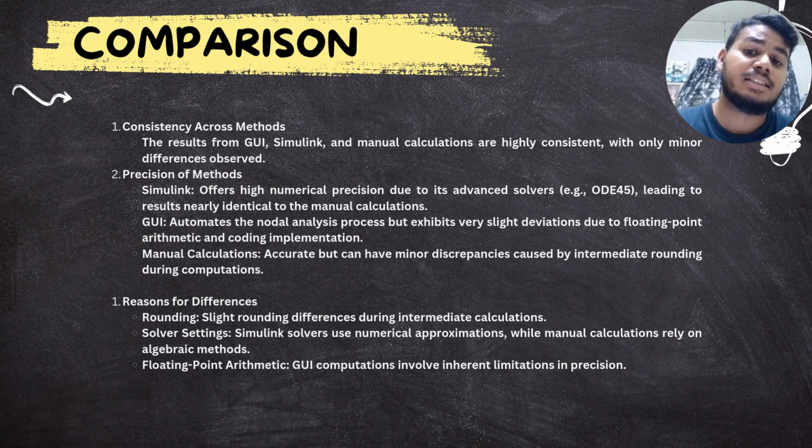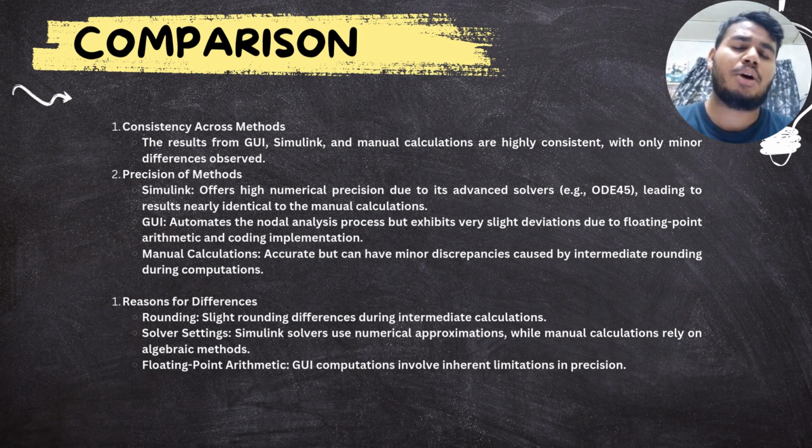But the manual calculation also has minor mistakes because we are using a calculator for finding answers, and we round off each answer. So the rounding should be the complication.